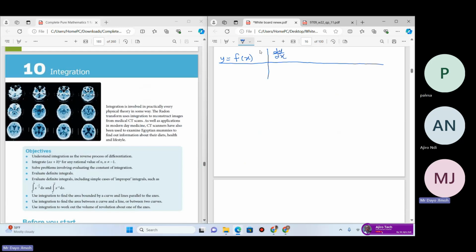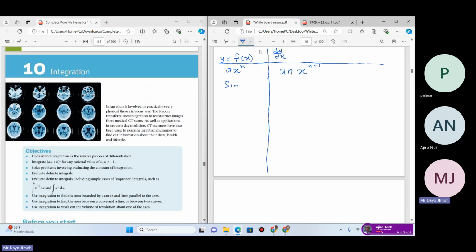If you have something like a x to the power n, this is the general formula for algebra, right? n times a x to the power n minus 1.